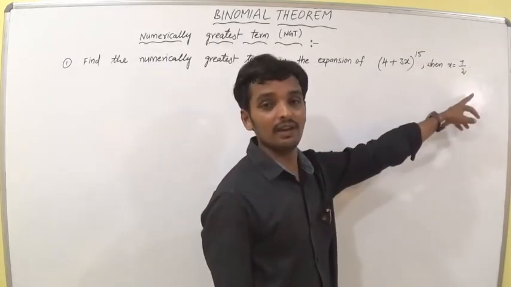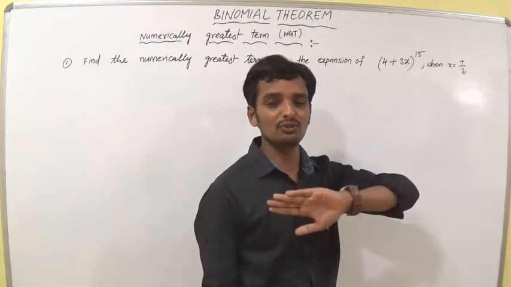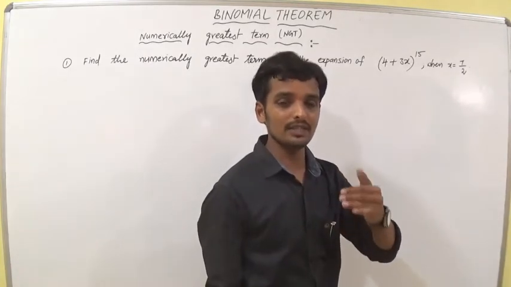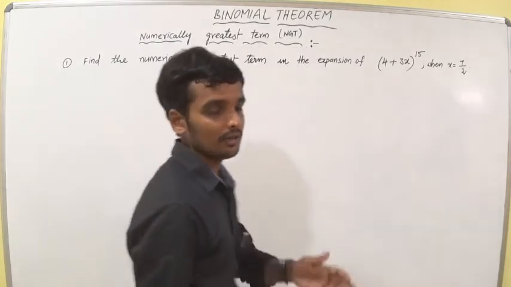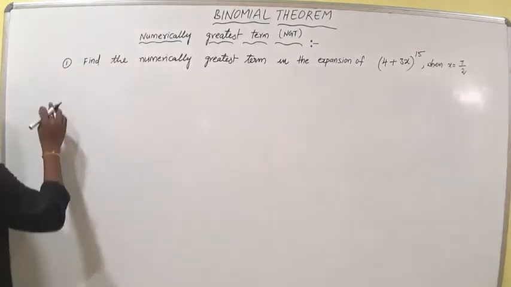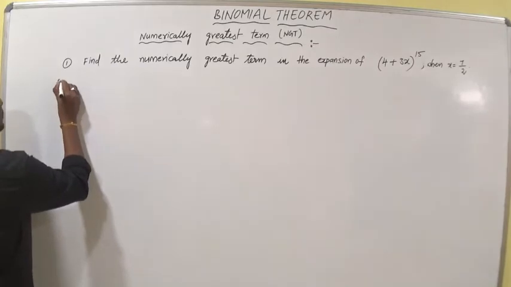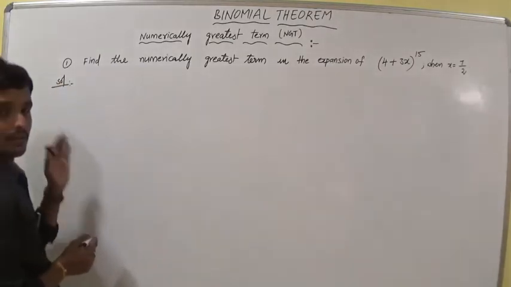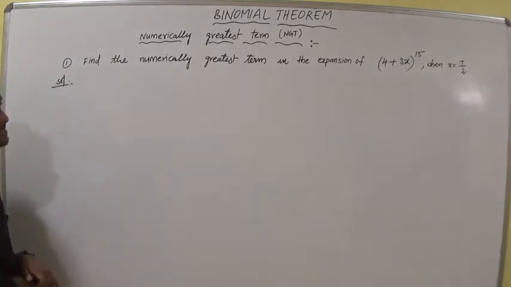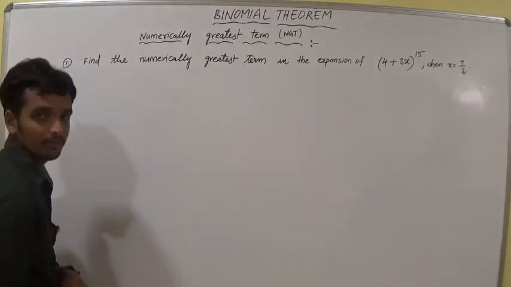Since they give the x value, the answer is a numerical, constant value. Now we can do the solution. Be careful, students. Nothing is tough. If you focus on my explanation, you will get the answer easily. Are you okay?